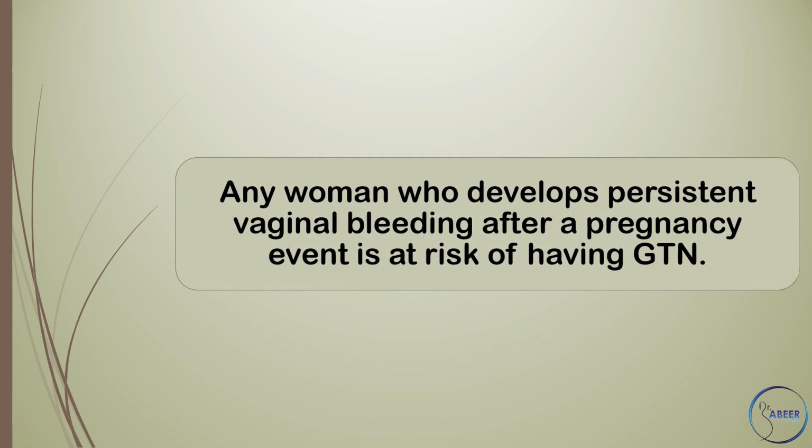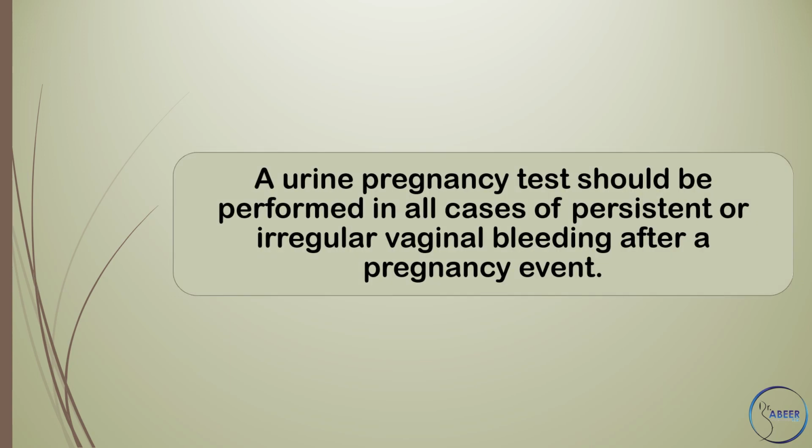Which women should be investigated for persistent gestational trophoblastic neoplasia after a non-molar pregnancy? Any woman who develops persistent vaginal bleeding after a pregnancy event is at risk of having gestational trophoblastic neoplasia. A urine pregnancy test should be performed in all cases of persistent or irregular vaginal bleeding after a pregnancy event.